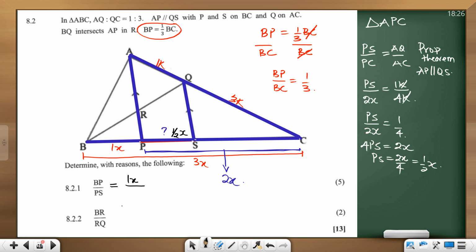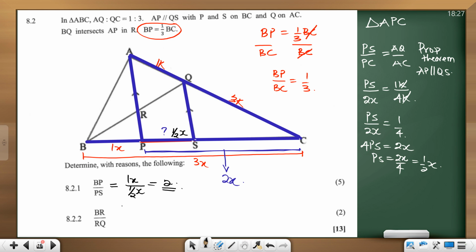What is PS? Half x. So what is 1 divided by half? 2.